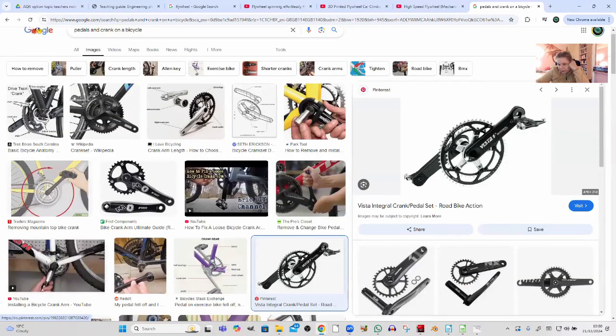This bit, that's the crank. In fact, this really is a connecting rod. The crank is the bit in the middle. So this arrangement goes round, obviously, and you can see that there's a gear wheel which is attached to a chain, which then drives the back wheel. But this is a crank.